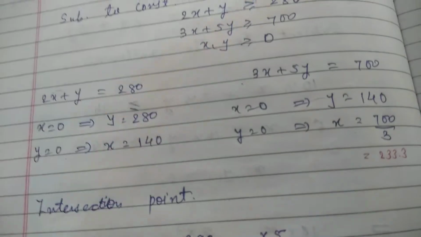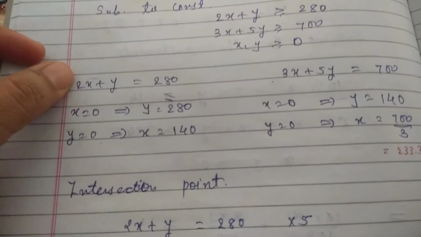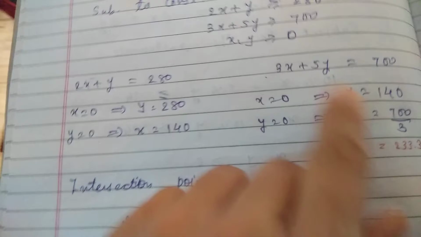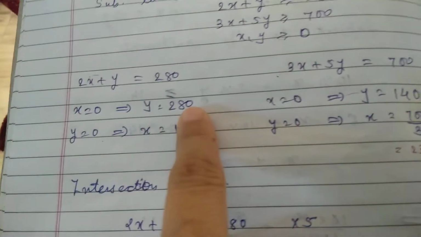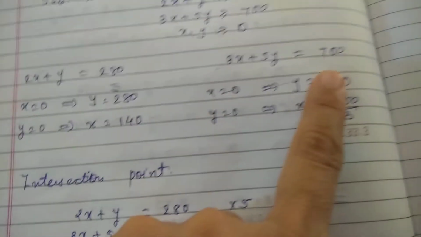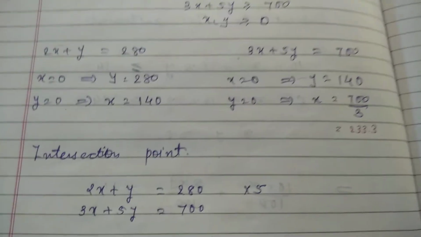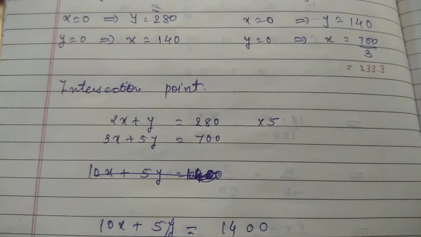So let us see quickly about this. You will find two solutions for each constraint, that is, 2x + y = 280 and 3x + 5y = 700. So these are the two solutions for this and these are the two solutions for this. Now further, we have to find the intersection point.